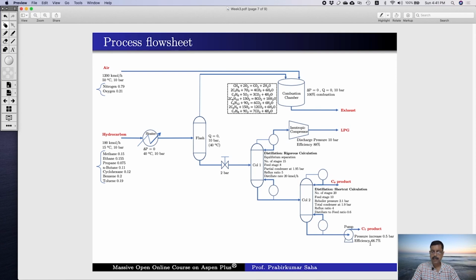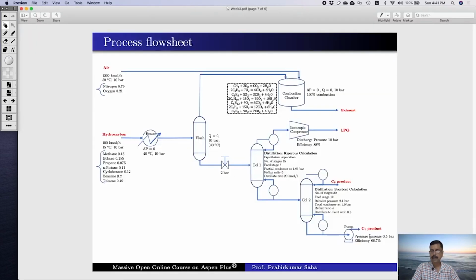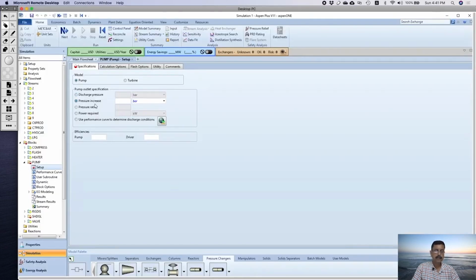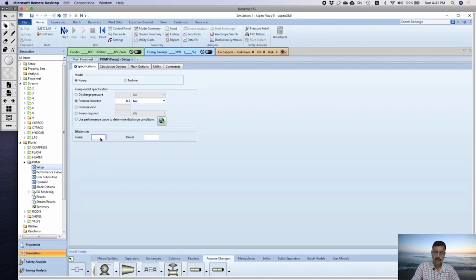Pump pressure increase is 0.5 bar and efficiency is 66.7%. It doesn't have discharge pressure, it says increase in pressure, so it will be pressure increase. We write it 0.5 bar. Now this much is sufficient, but still we can give the efficiency of the pump, which is 66.7%. So it is 0.667. Let us press next.